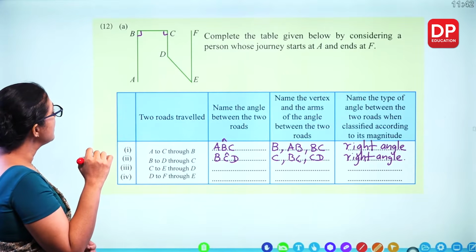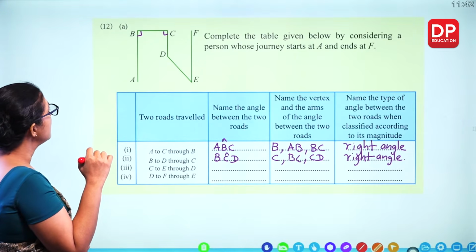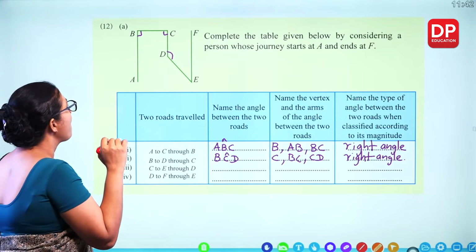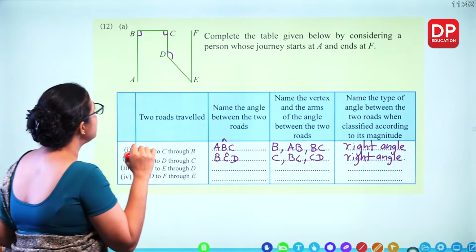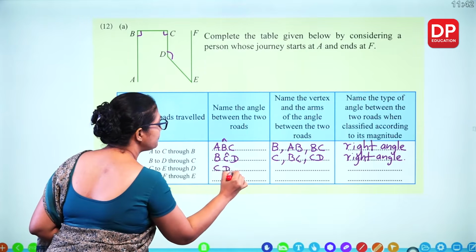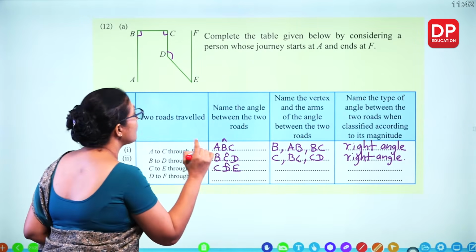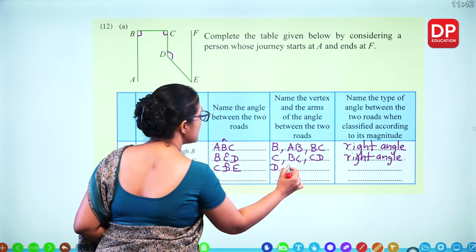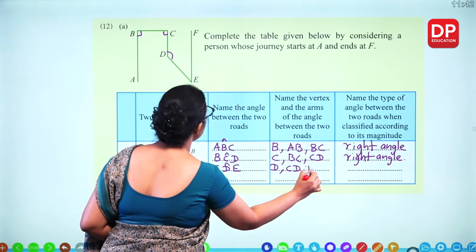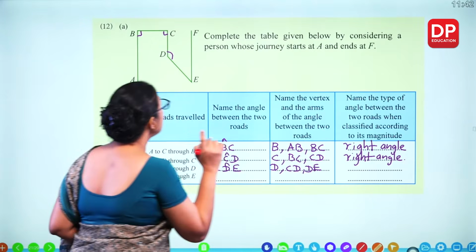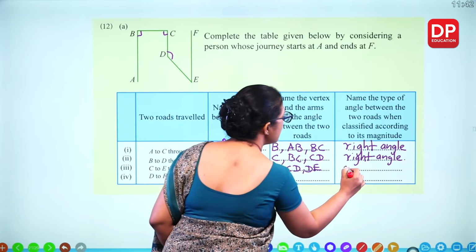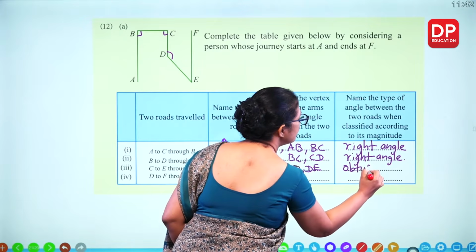C to E through D. So you can see this is the angle now, CDE. What's the vertex? Vertex D, arms CD and DE. And this is more than 90, less than 180. Obtuse angle.